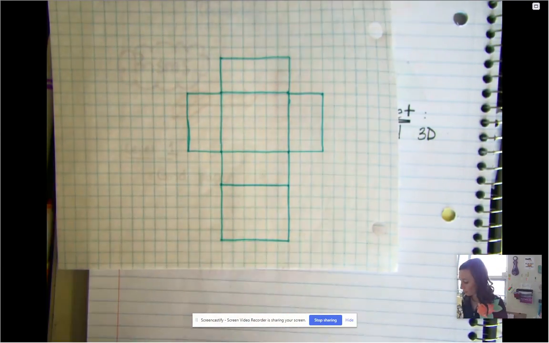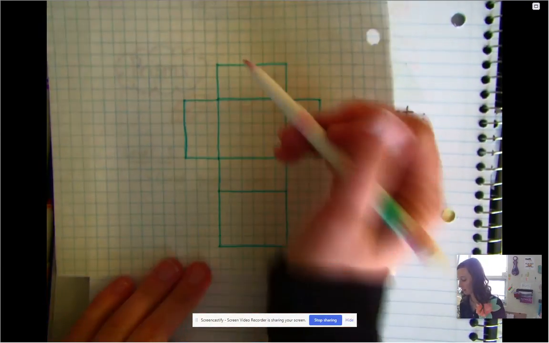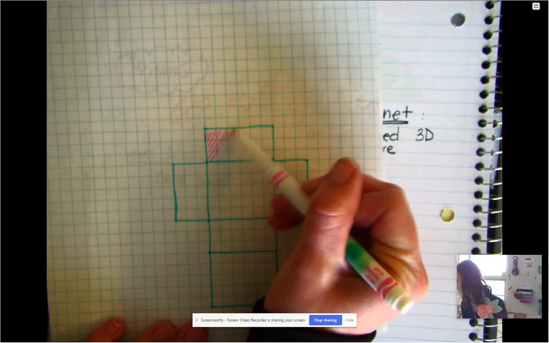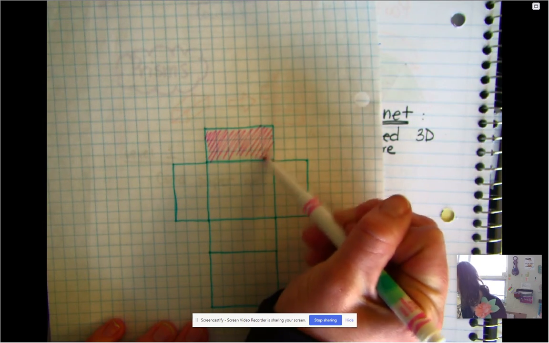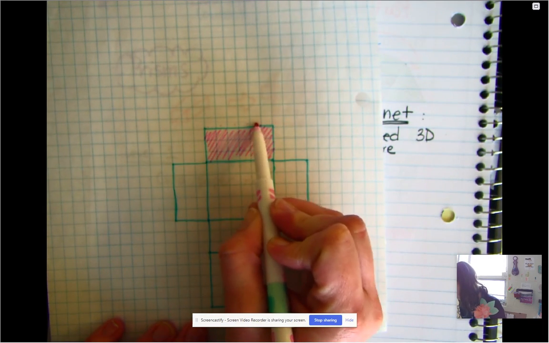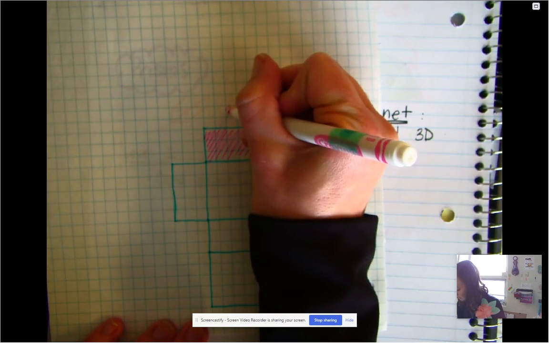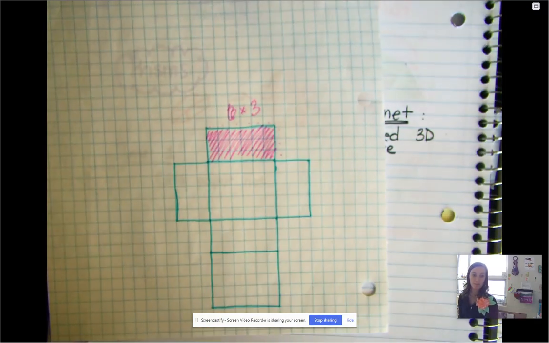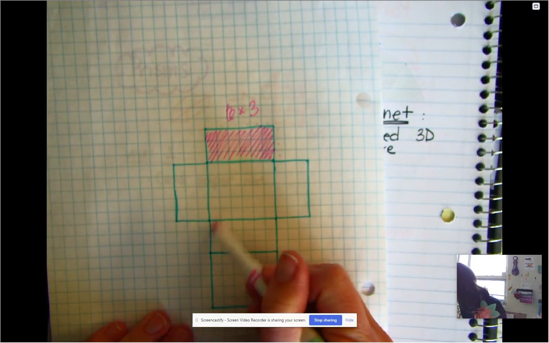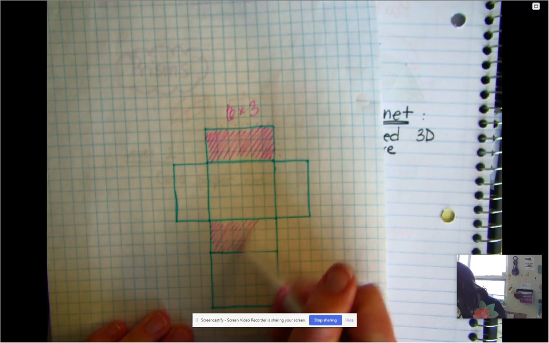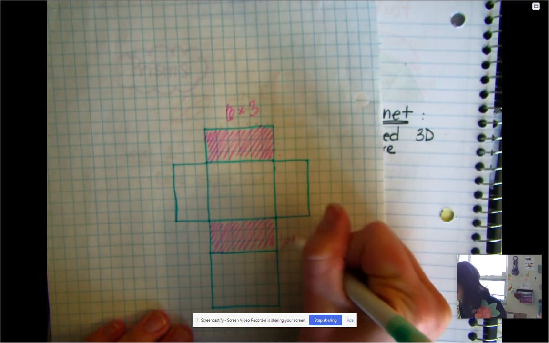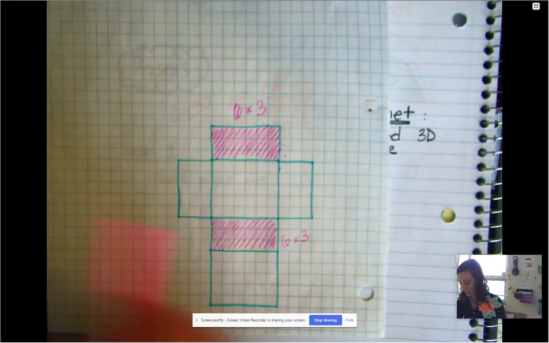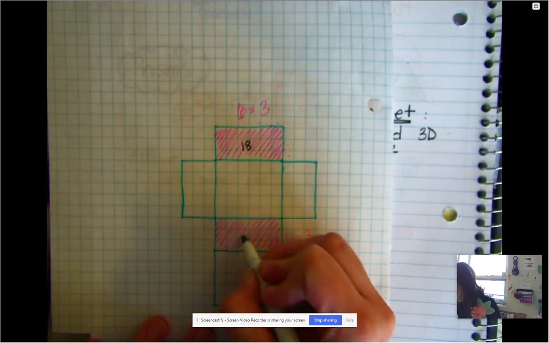So I can put together the areas of the individual spots. This pink area is 6 times 3, 6 by 3. I have another 6 by 3 area right here. Both of those have a total of 6, 12, 18 units in them.